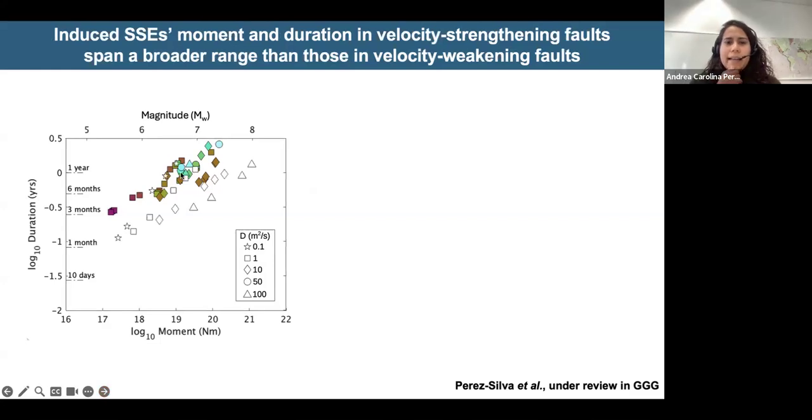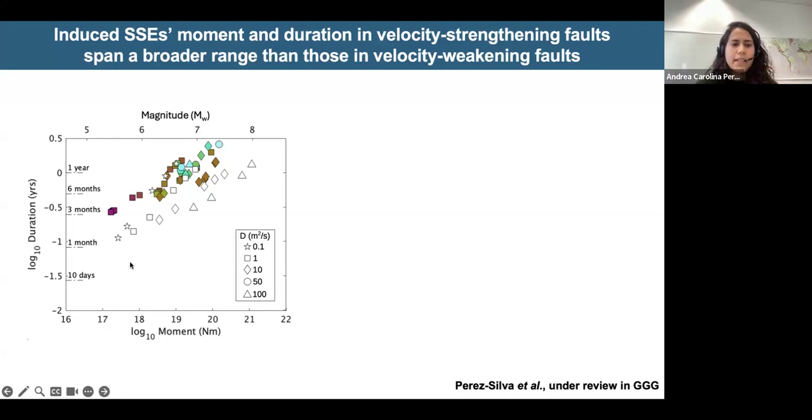We compared the results of SSE moment and duration for this velocity weakening case with the velocity strengthening one, and we can see that for velocity strengthening, similar hydraulic diffusivities and similar sizes of the perturbation lead to a much broader range of SSE properties, that could range from down to a month to larger magnitudes too.